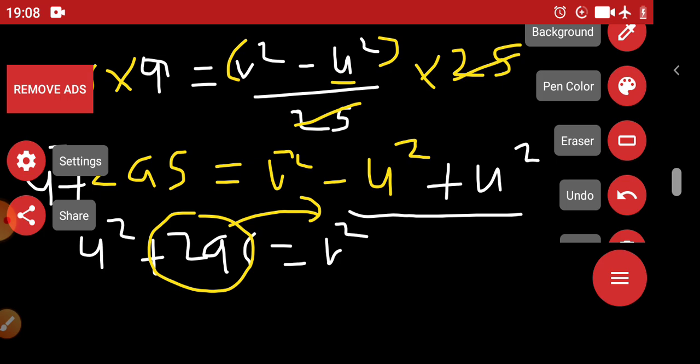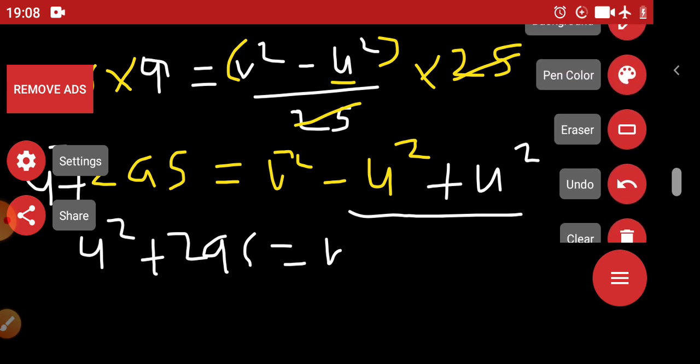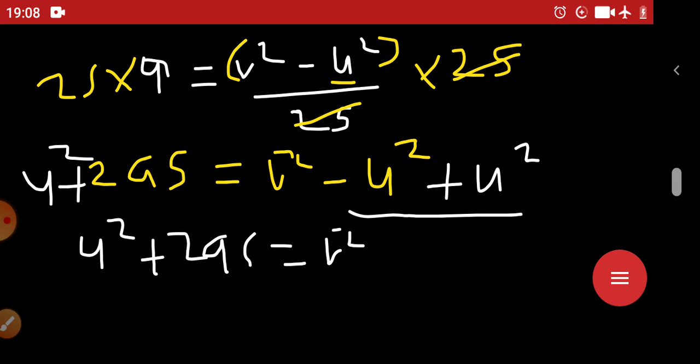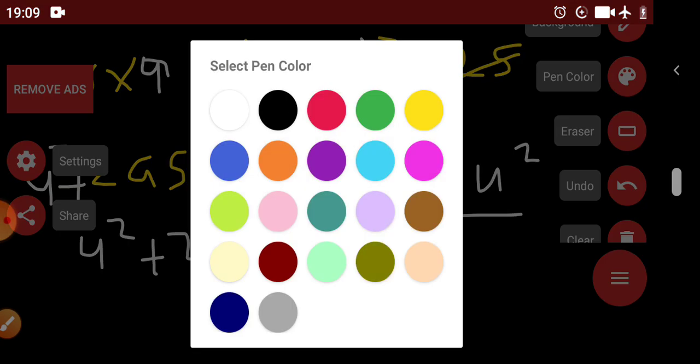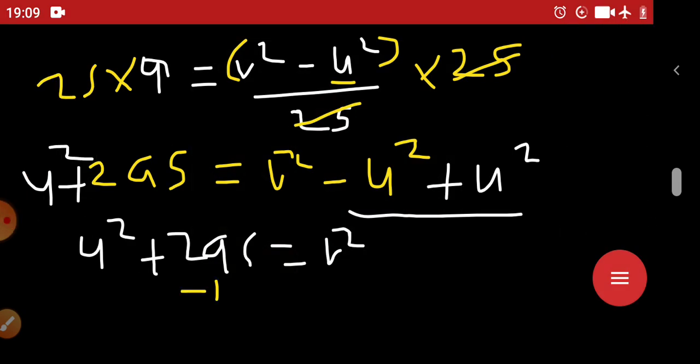So how do we go about that? Because here 2as is added, the opposite of adding would be subtracting. So we need to subtract 2as both sides. So this on the left side will have 0.